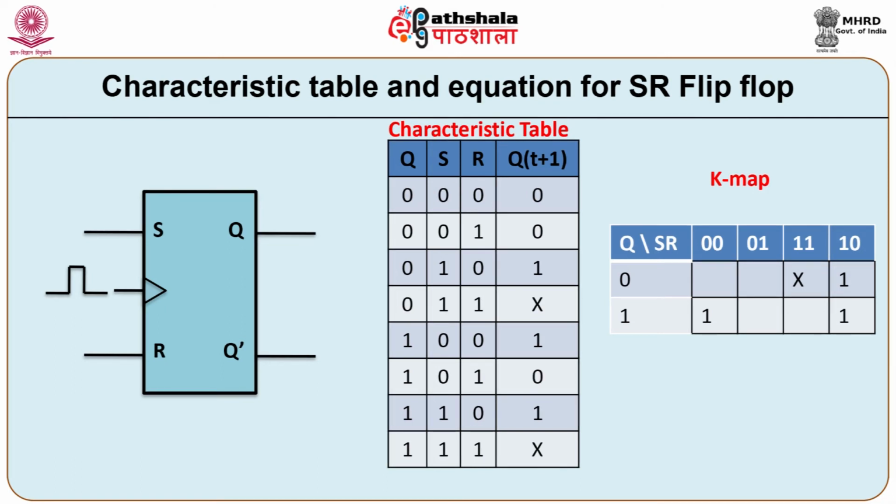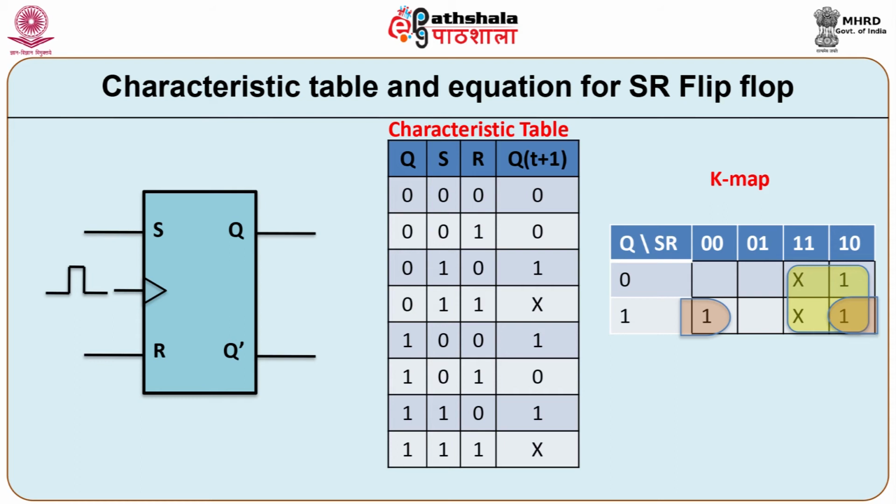In the seventh row with Q equal to 1 and SR equal to 1 0, the 1 for next state is placed. In the last row with Q equal to 1 and SR equal to 1 1, the X is mapped into the K map.